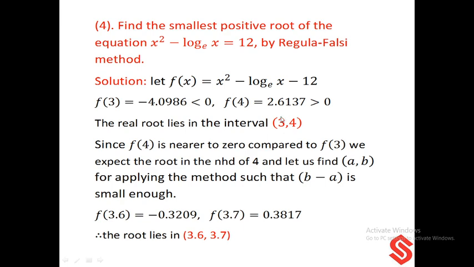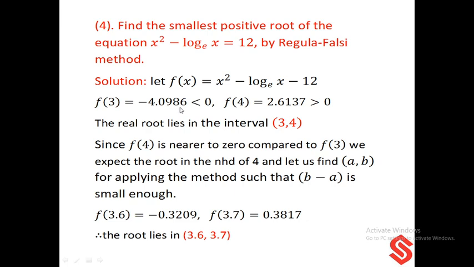Now in order to reduce the length of the interval, or in order to reduce the number of iterations, we compare the values of f of 3 and f of 4. So f of 4 is nearer to 0 compared to f of 3. 2.6137 is nearer to 0 compared to minus 4.0986.